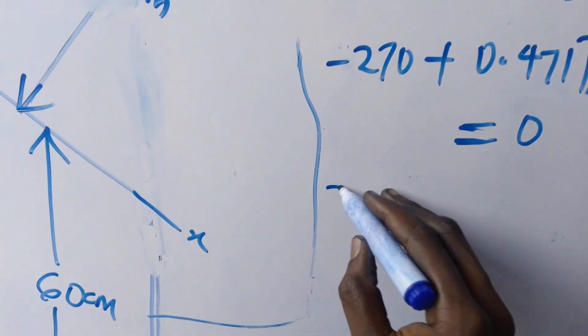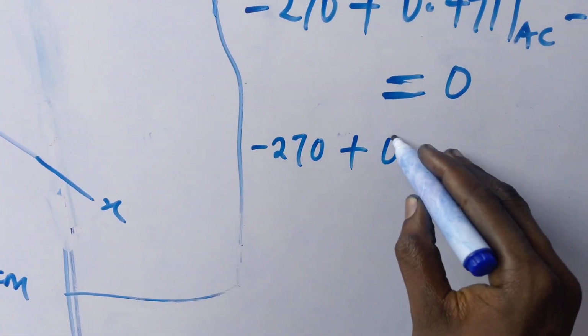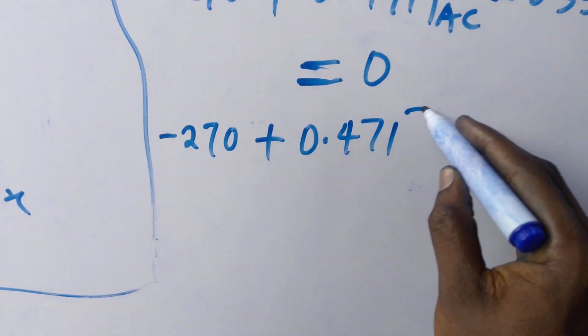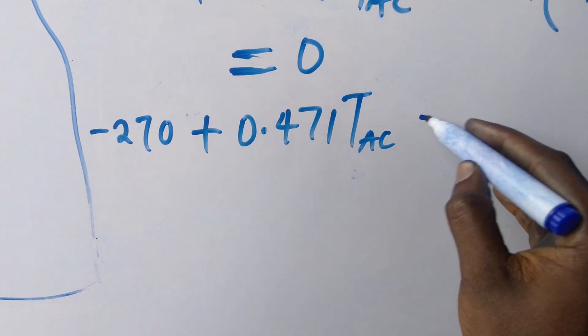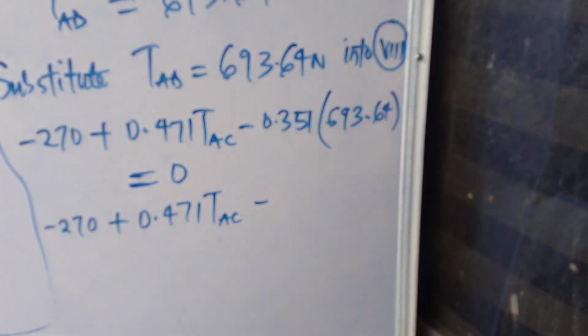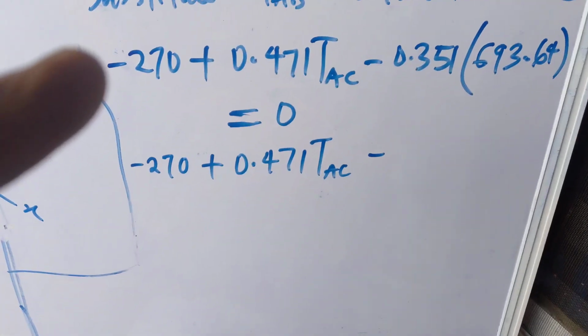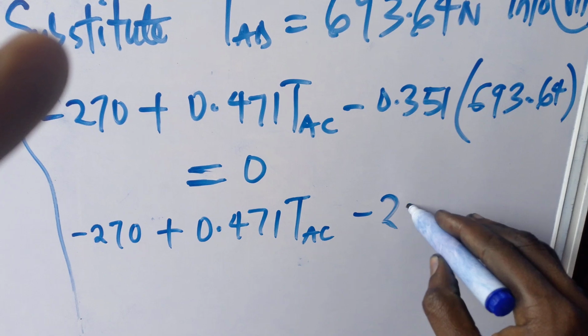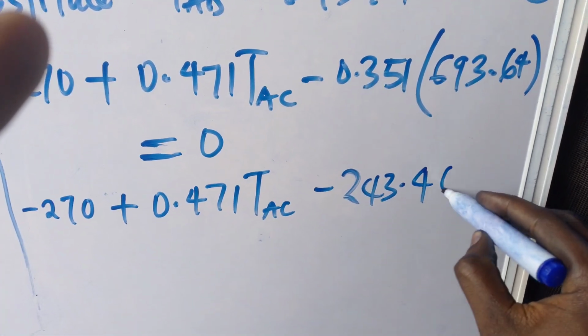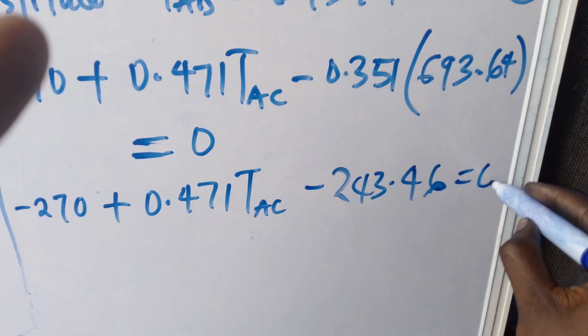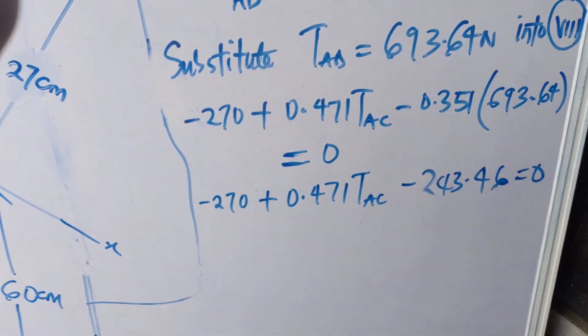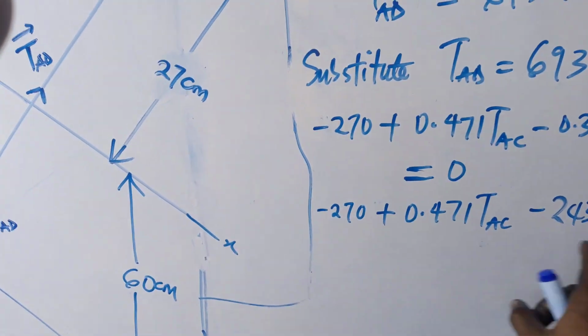So I'll be having minus 270 plus 0.471 TAC minus, if I multiply this now, 243.46 equals 0.